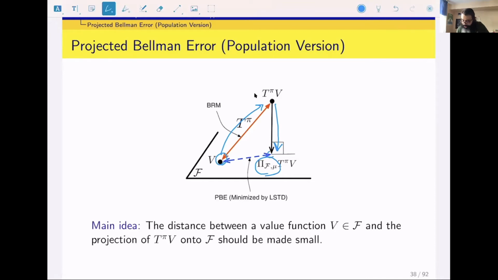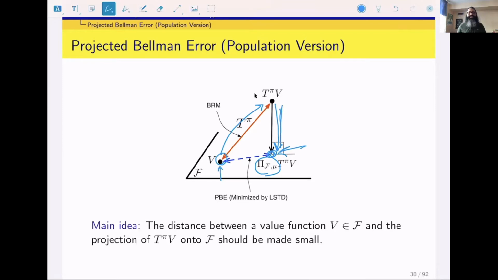This projection finds the point on the function space F that is closest to T pi V. The goal of the projected Bellman error is to minimize the distance between this V function and this projected point. That's the basic idea.